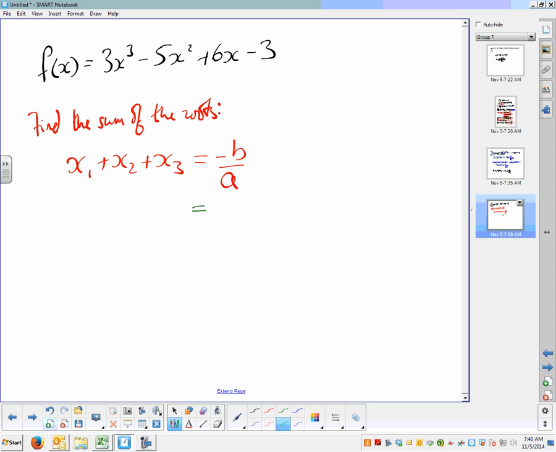Well, minus b over a is just 5/3. So the sum of the roots is 5/3.